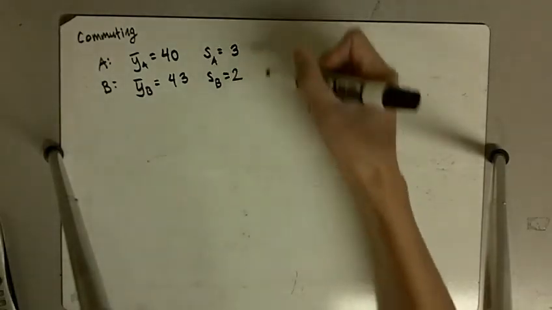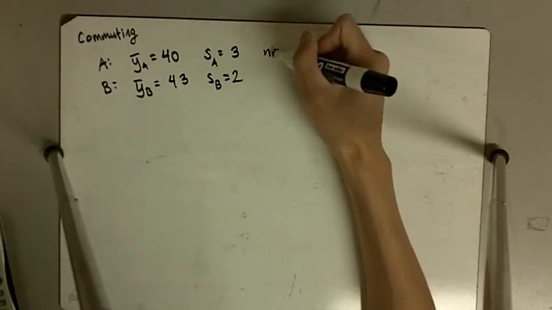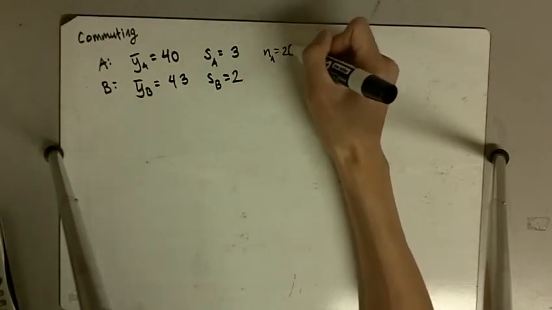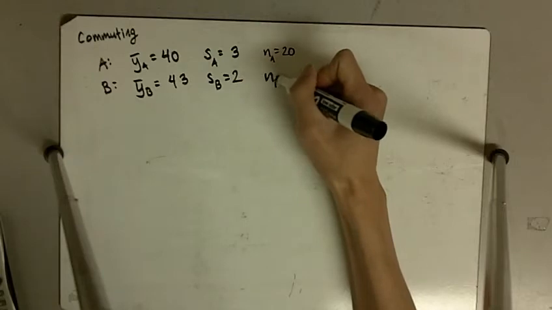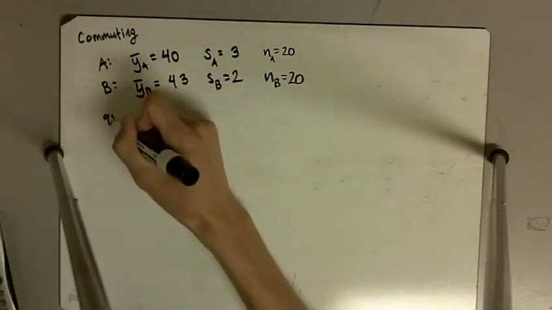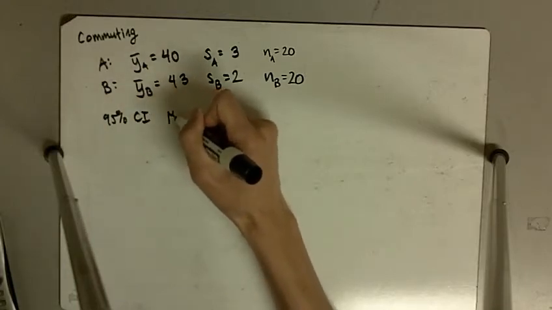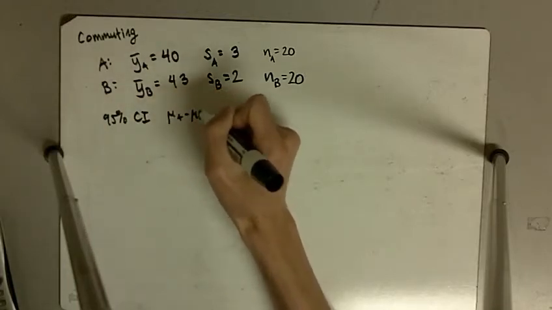And he drove each route 20 days. So size n for group A is 20, and size n of group B is also 20. And we want to find a 95% confidence interval for the difference, mu A minus mu B.